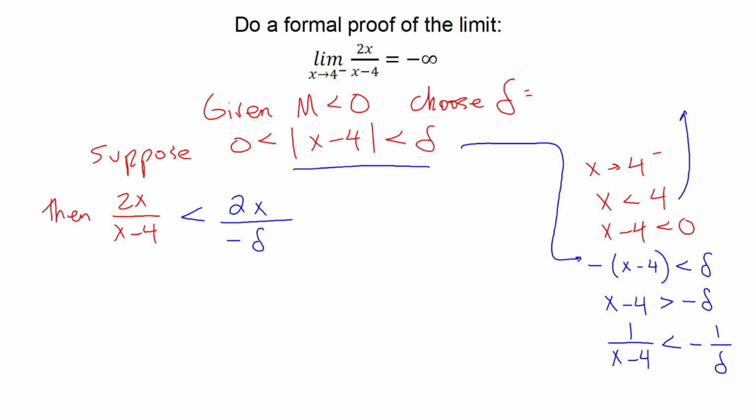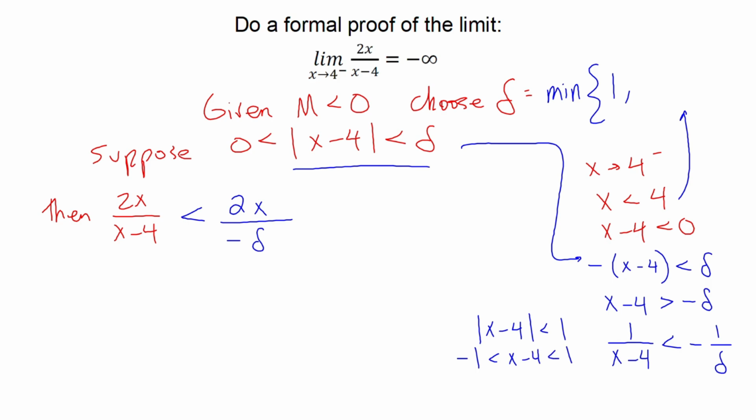So what we need to do is put a little restriction on here. And so we're going to just say a minimum between 1 and something, which means we're going to say that the absolute value of x minus 4 is less than 1. And if that's true, then negative 1 is less than x minus 4, which is less than 1.